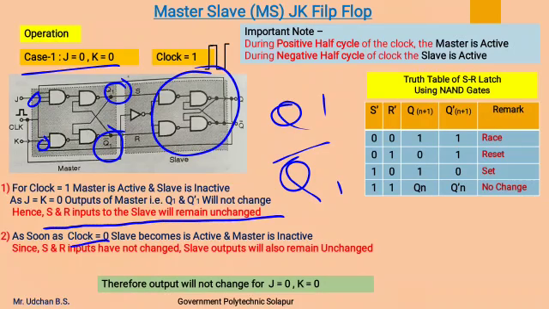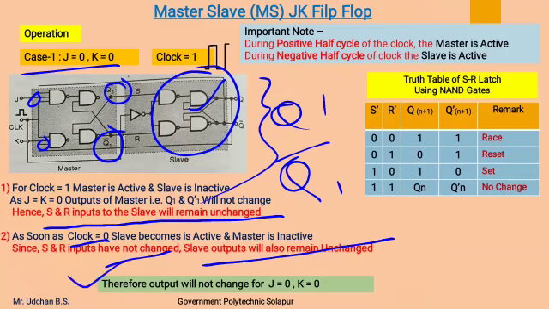As soon as the clock becomes 0, the slave becomes active and the master becomes inactive. Since the S and R inputs have not changed, the slave outputs, Q and Q complement, will also remain unchanged. Therefore, the output will not change for J equal to 0, K equal to 0.